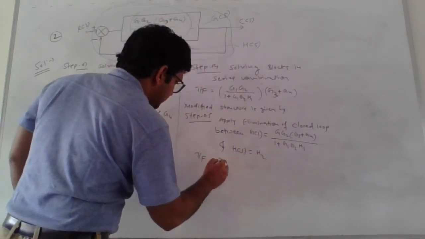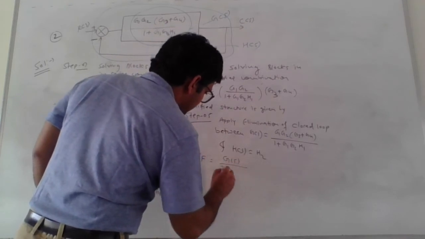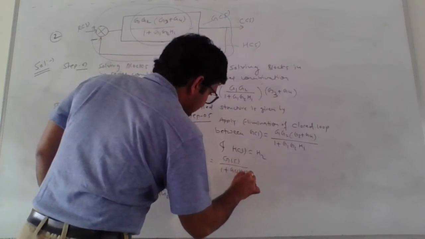So the transfer function is g of s upon 1 plus g of s into h of s.